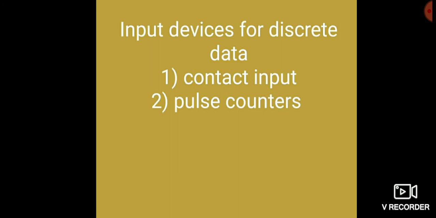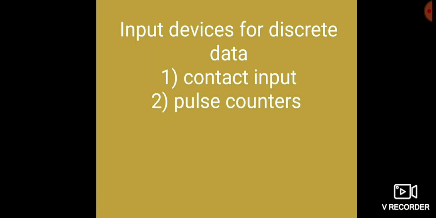Now, what are contact input or output interfaces? Contact interfaces are of two types, input and output. These interfaces read binary data from the process into the computer and send binary signals from the computer into the process, respectively.